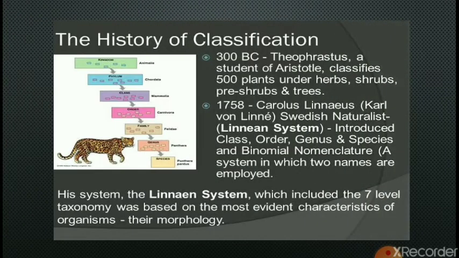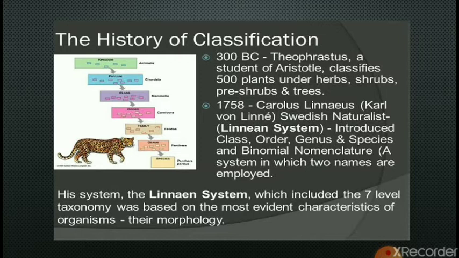In 300 BC, Theophrastus, a student of Aristotle, classified over 500 plants into four categories: herbs, shrubs, undershrubs, and trees.